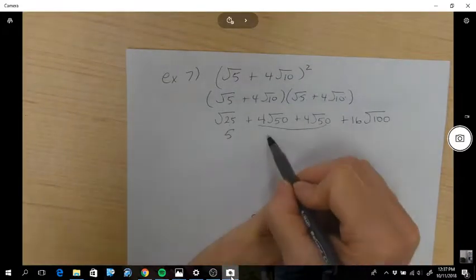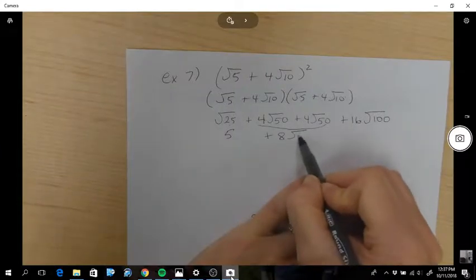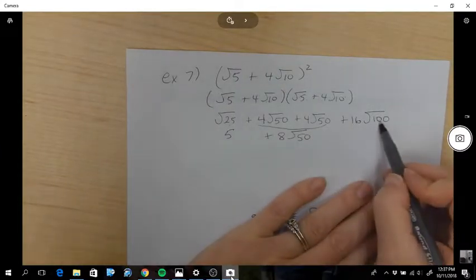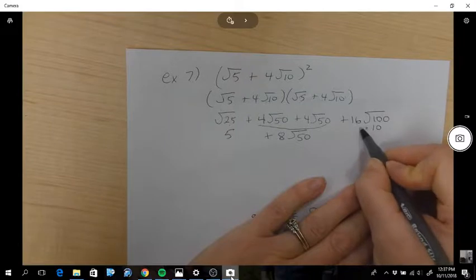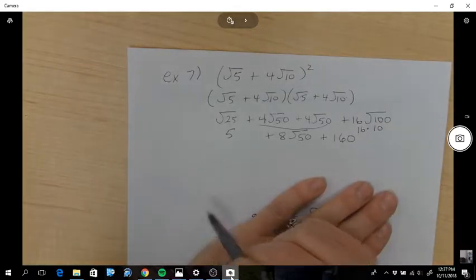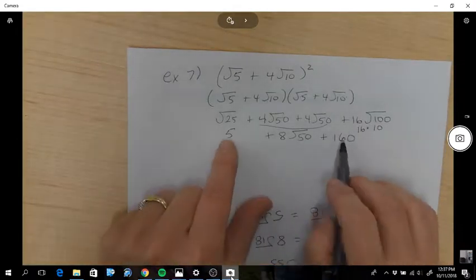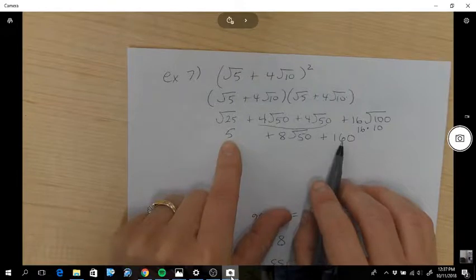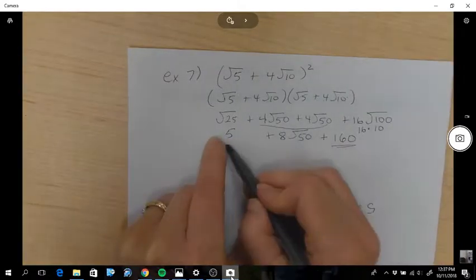The root 50s can combine. And root 100 can also break down. So that becomes 160. So now I can see that this would become 165. I can put those two together.